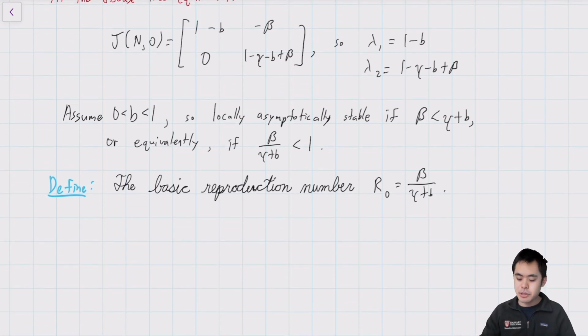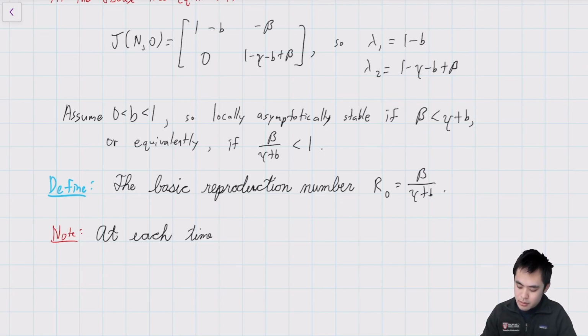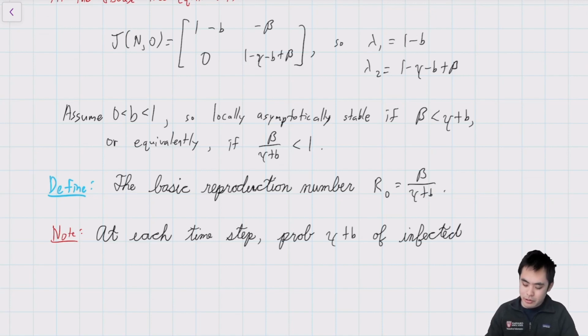Now, what does this basic reproduction number mean? Let's try to interpret it. Note that at each time step, there is some probability gamma plus b of an infected individual either recovering or dying.